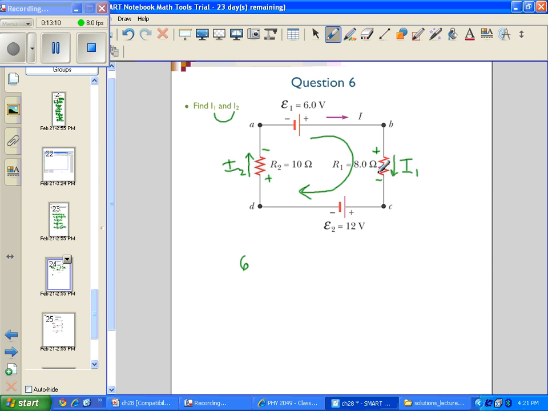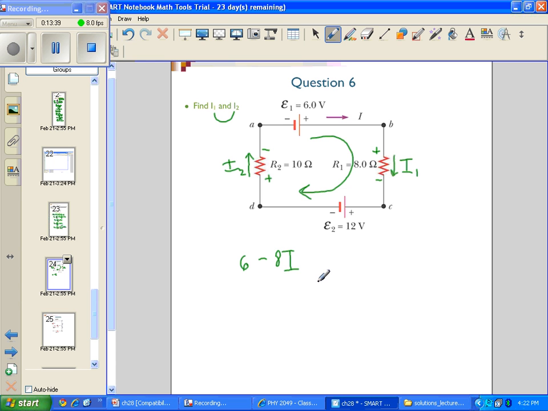When I get to R1, notice that the direction of my loop is from the positive side of the resistor to the negative, or rather along the same direction as the current. And because I'm going from positive to negative, I have to subtract I times 8, or let me write it as 8I.